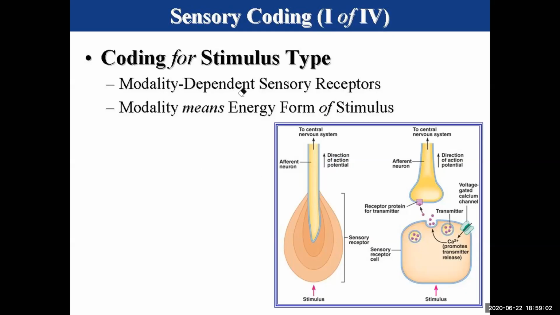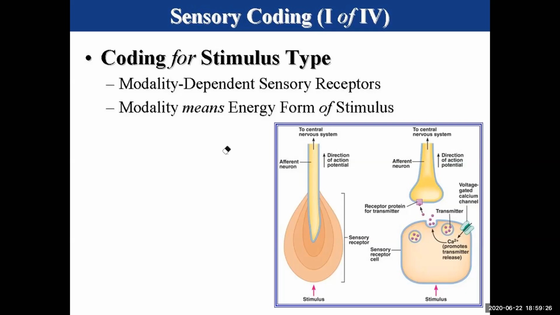Modality-dependent sensory receptors allow the brain to perceive different types of stimulus. Whether it's pressure, so it's detected by the Pacinian corpuscle. Whether it's a chemical from food, then it's coming from a taste receptor in your mouth. So modality-dependent sensory receptor. And modality here means energy, a form of stimulus, or the type of stimulus.